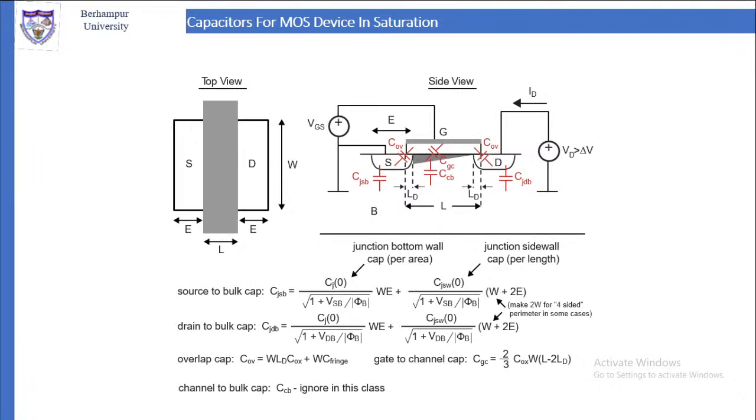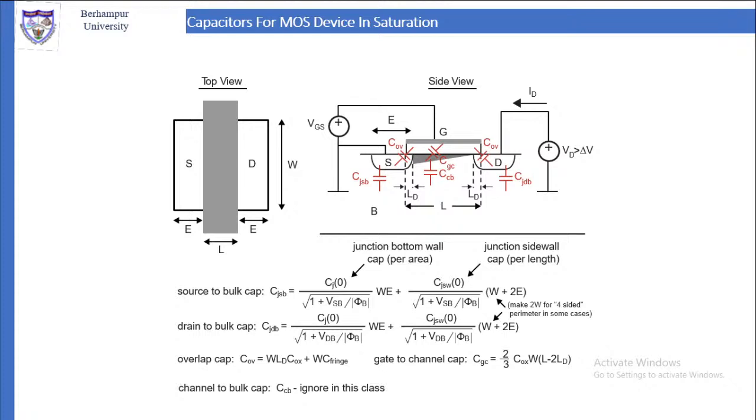Then what are the capacitors for the MOS device? When the MOS device is in saturation, what are the capacitors that we see? Now see the schematic pictures for the MOS device.